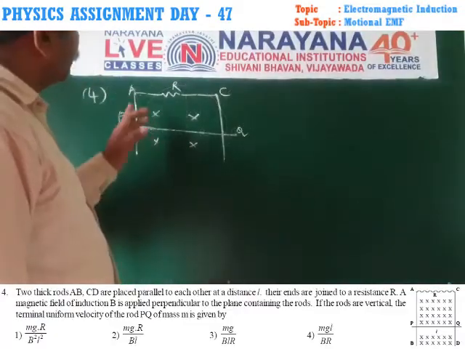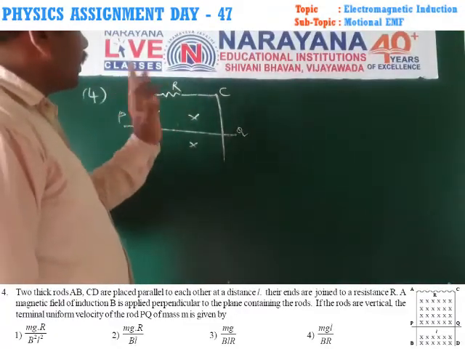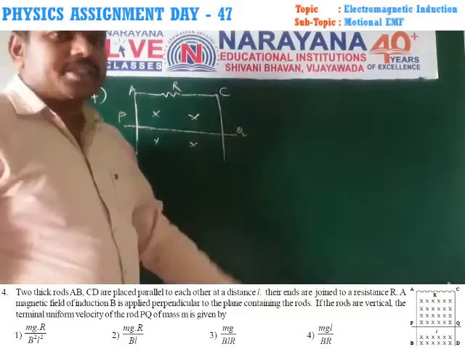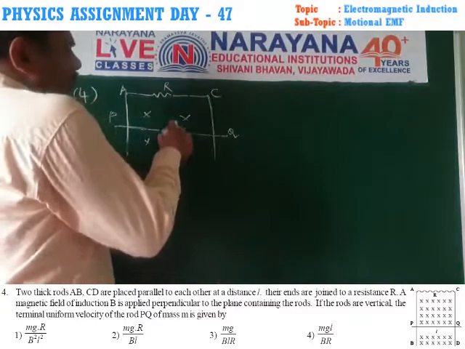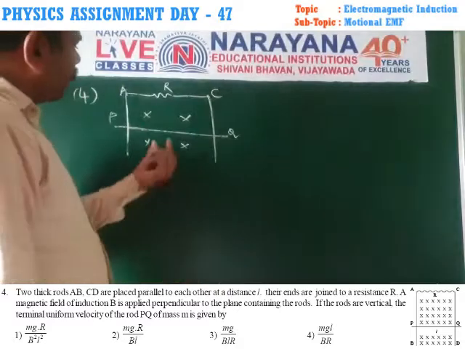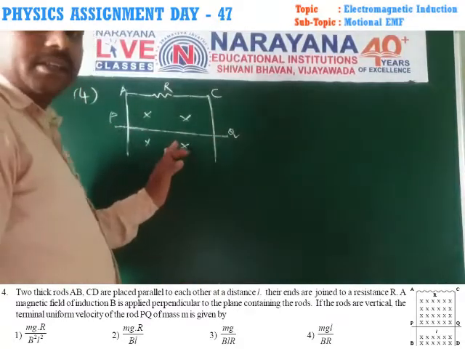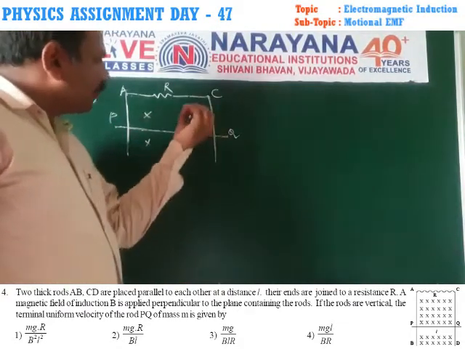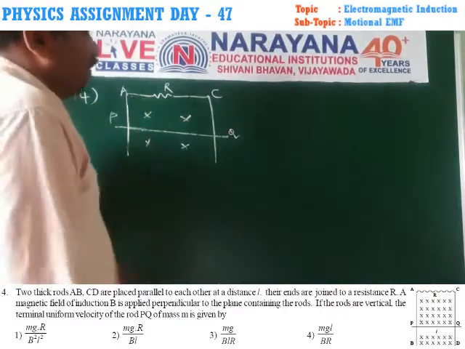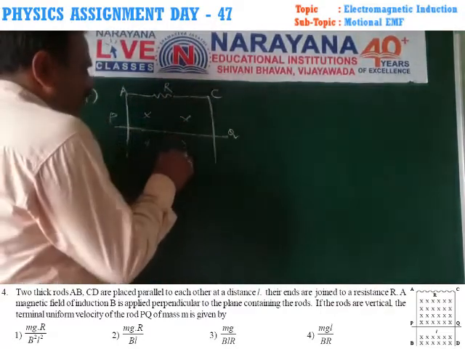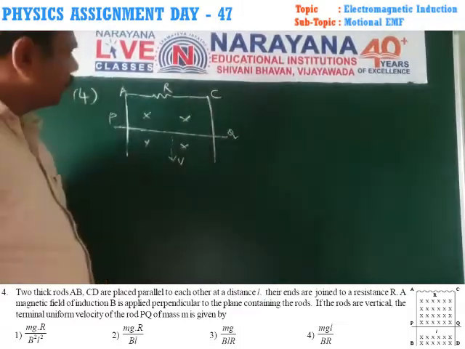In the fourth sum, an external resistance R is there, and PQ is a straight conductor which moves in the downward direction. We have to find the constant velocity such that the rod moves with constant velocity in the downward direction. Assume it moves downward with v.